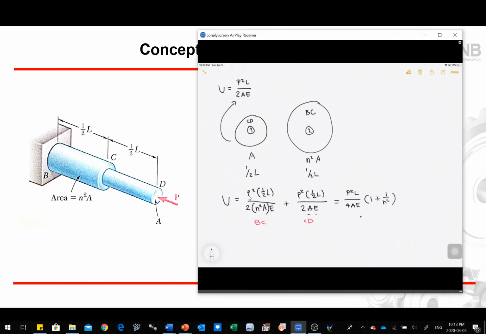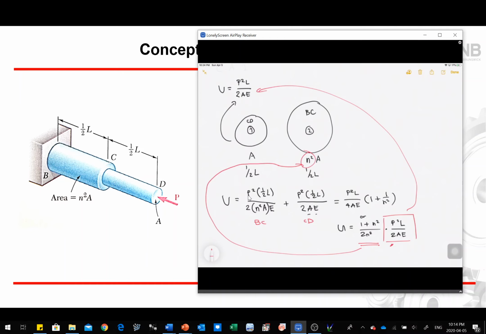Or we can also say that U is equal to (1 plus n squared) over 2n squared times P squared L divided by 2AE. Just note that this comes from the equation right here, and this is the dependence if you have a different section with n squared. If you assume that n is equal to 1, you have the same cross-sectional area, and you end up with just this equation right here.